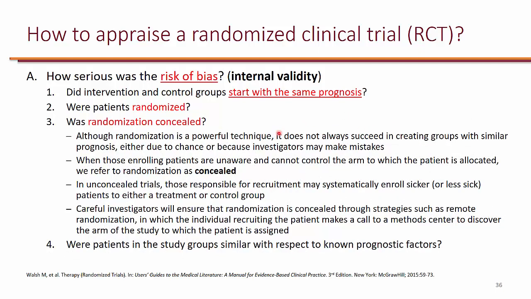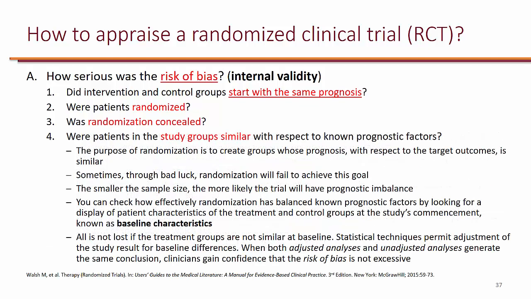So if the study is randomized, we have to make sure that the randomization process was concealed. And what that means is that those who actually enroll patients should be unaware and not be able to decide which arm the patients are getting allocated to. And then once the patients are randomized to the two groups, we have to make sure that the two groups are actually pretty similar.